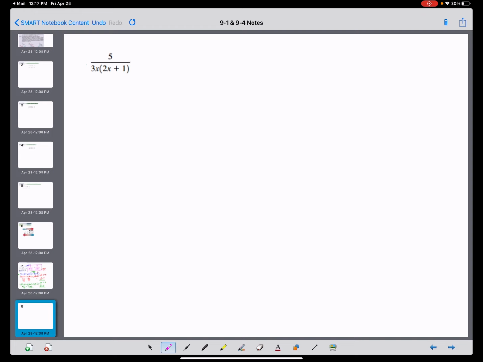I'm looking for what fractions I can add together to get this. So this is going to be some part over 3x plus some other numerator that I don't know over 2x plus 1. I can call this A, and I can call this B.